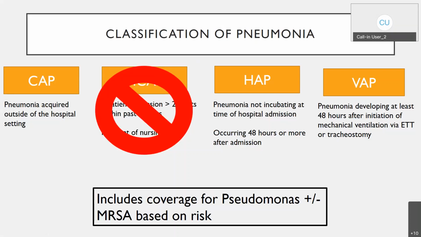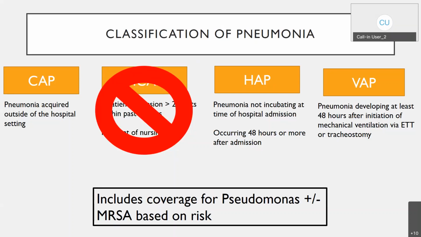The other reason that it was gotten rid of is people were extrapolating that to not only inpatient hospitalization in the past, but also if the patient was on dialysis or had frequent exposure to the healthcare system. So now it's a much more restricted definition for hospital-acquired pneumonia, and that's pneumonia not incubating at admission or occurring 48 hours or more after admission.